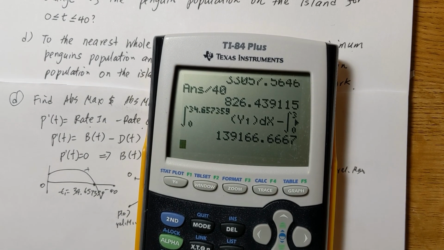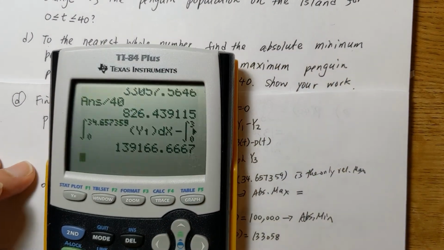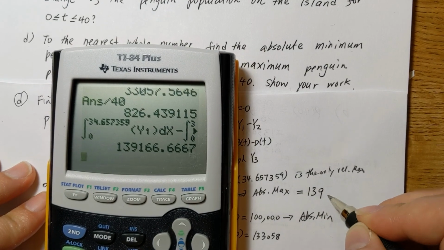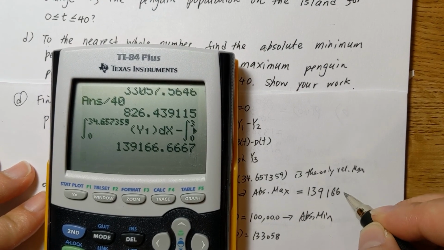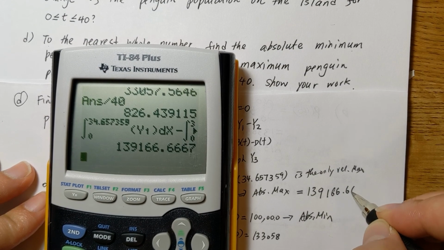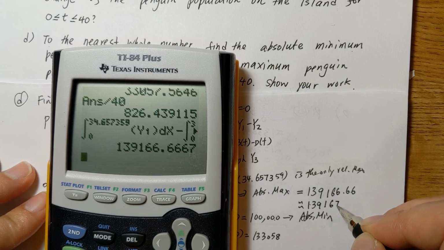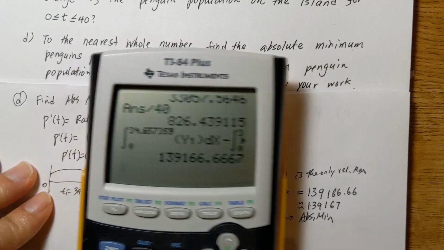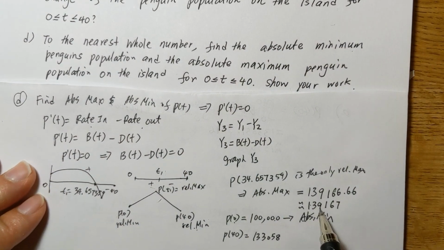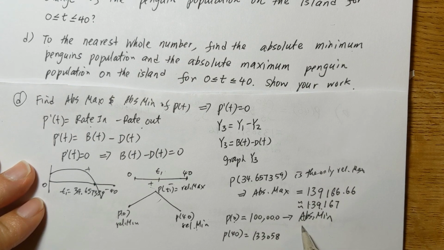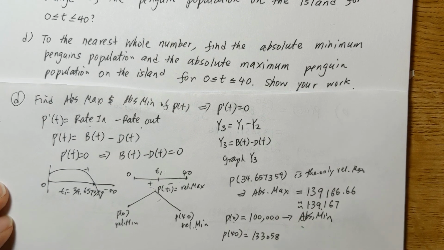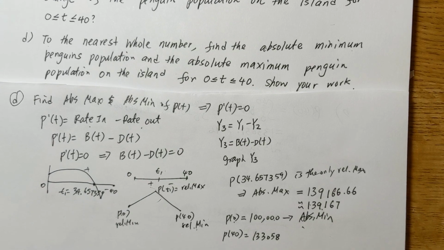Right now we get 139,166.6. So we round it to 139,167. Okay, so now we found the absolute max and the absolute min. We finished question number 2.